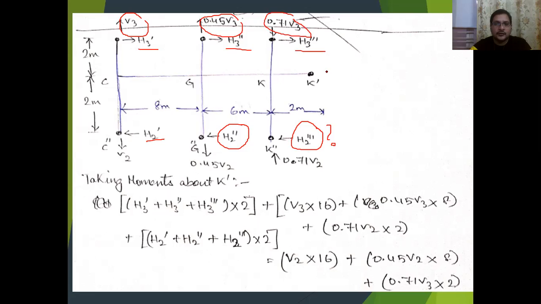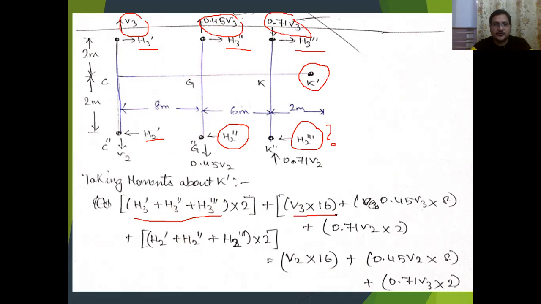As I told you, we will take the clockwise and anti-clockwise moments about this point, that is the point of contraflexure of the beam. Now, H3 dashed, H3 double dashed, and H2 triple dashed are clockwise.